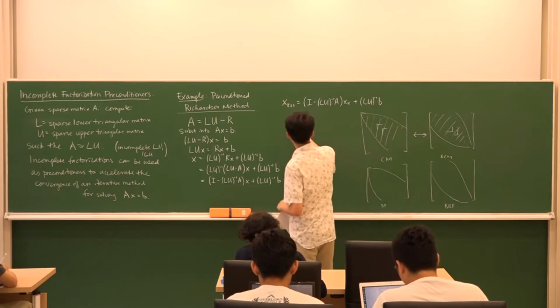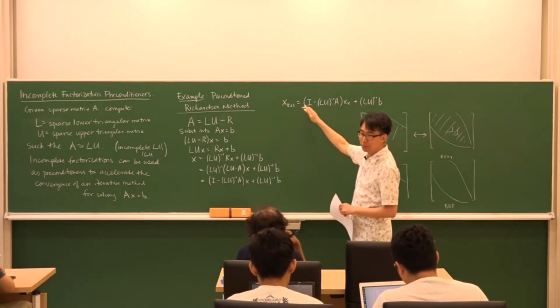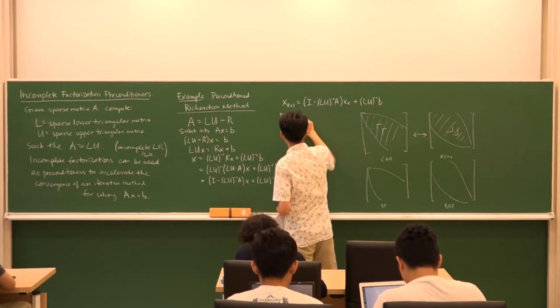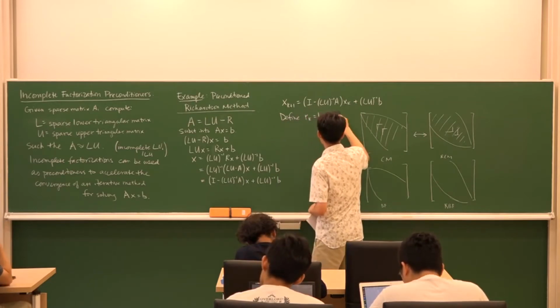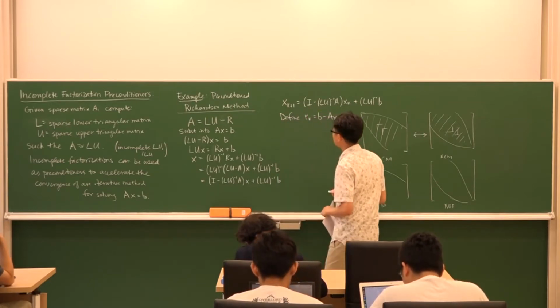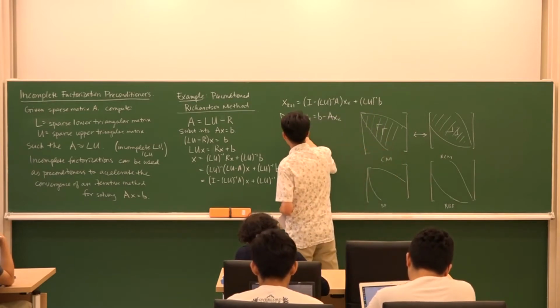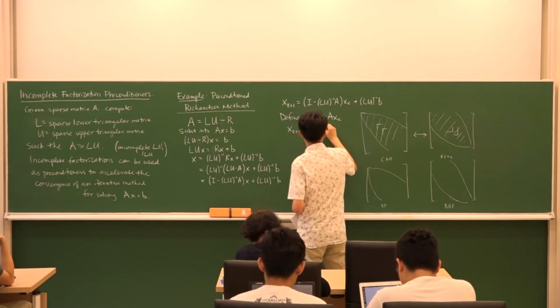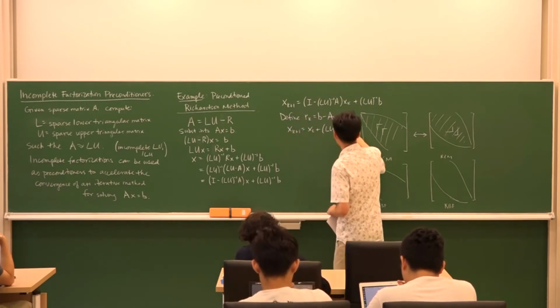You can see that everything on the right-hand side is known. We can compute the left-hand side. If we define a residual at step k as r_k equals b minus A x_k, then we can simplify this formula to x_{k+1} equals x_k plus (LU) inverse r_k.